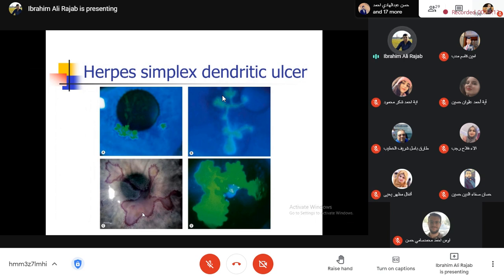If we treat the patient wrongly, and we give the patient wrongly a topical steroid, the patient will present with a large dendritic ulcer, such as this picture D, a dendritic ulcer which is large. It is no longer called dendritic ulcer. It's now called amoeboid ulcer.